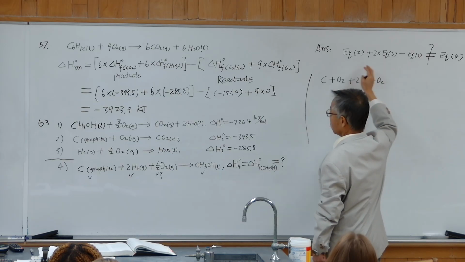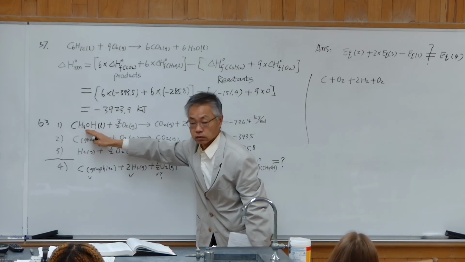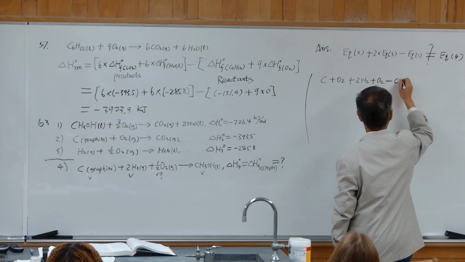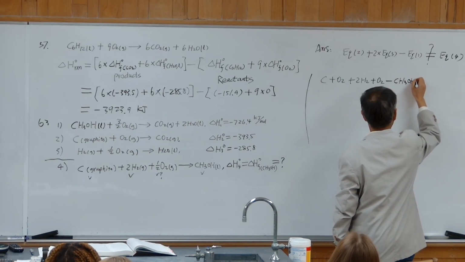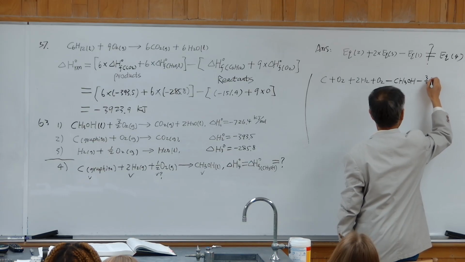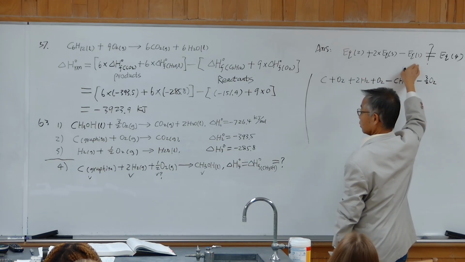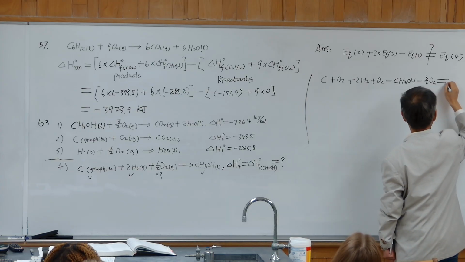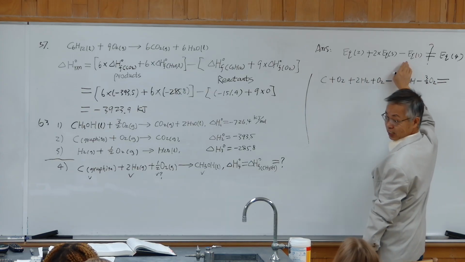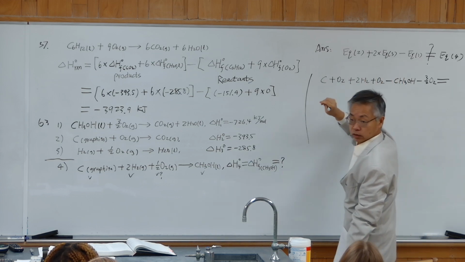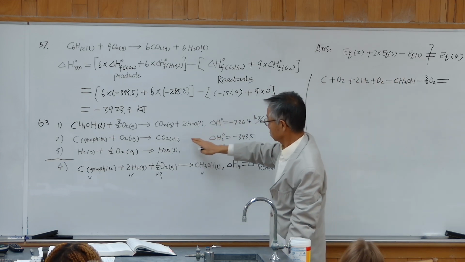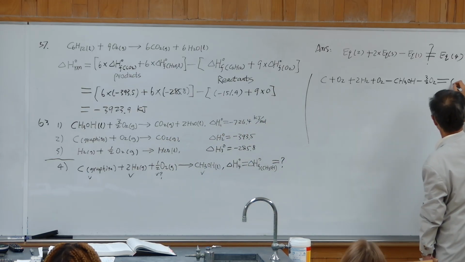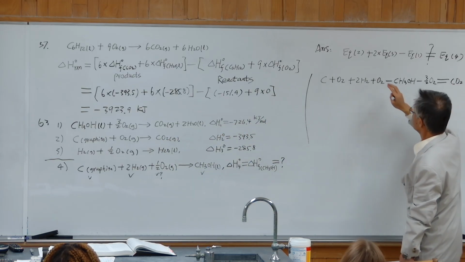Then minus equation 1, so minus 3/2 oxygen. That finishes the left side. Now we use this formula again on the right side. Equation 2 gives CO2.